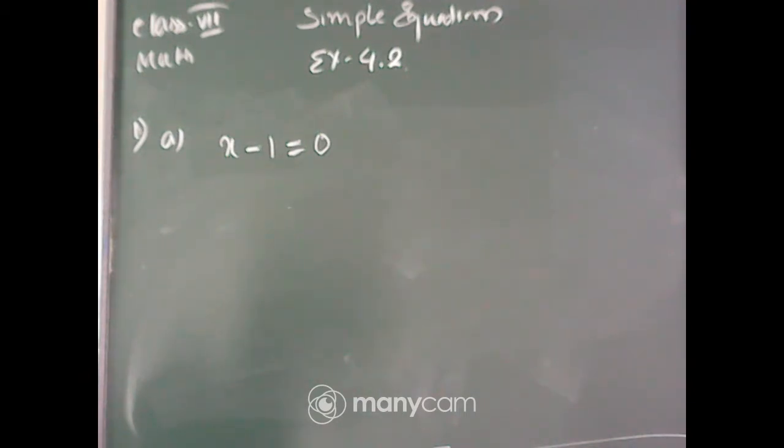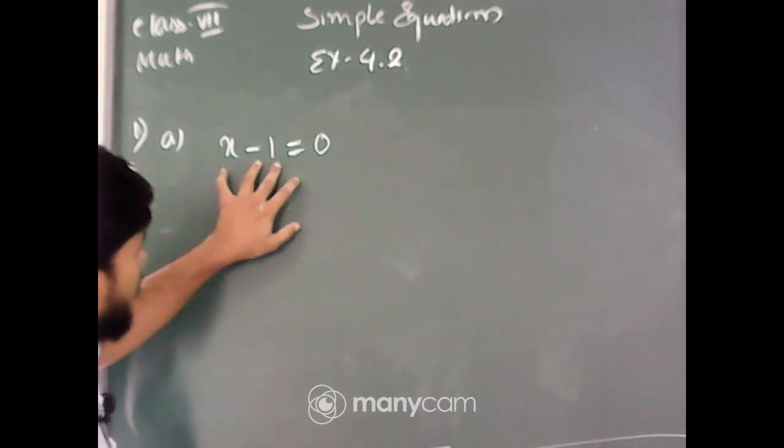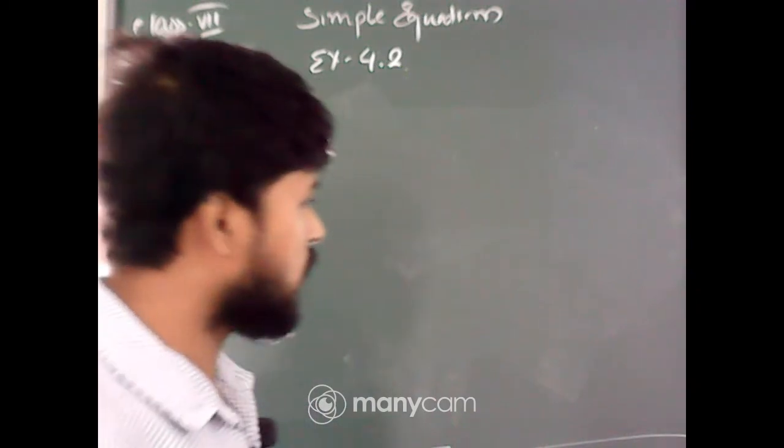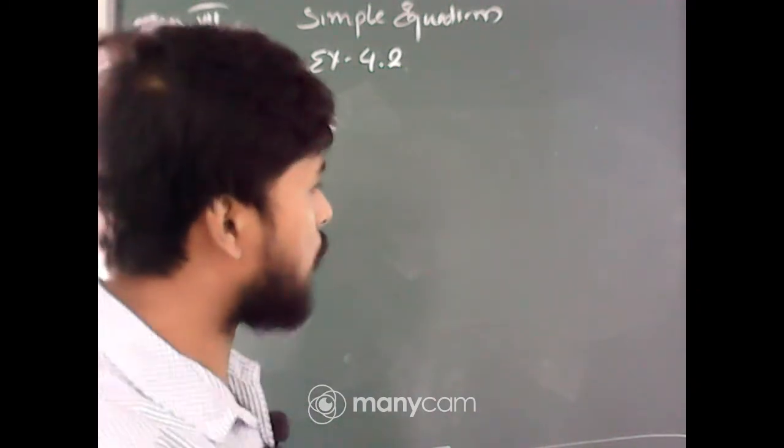Swastik and Yash, you tell me, to remove this minus 1, what do we have to do?